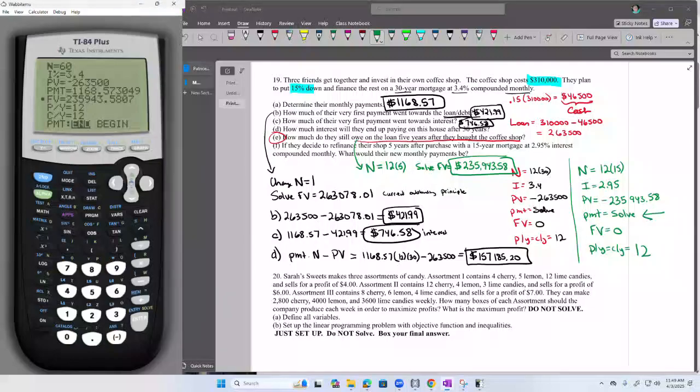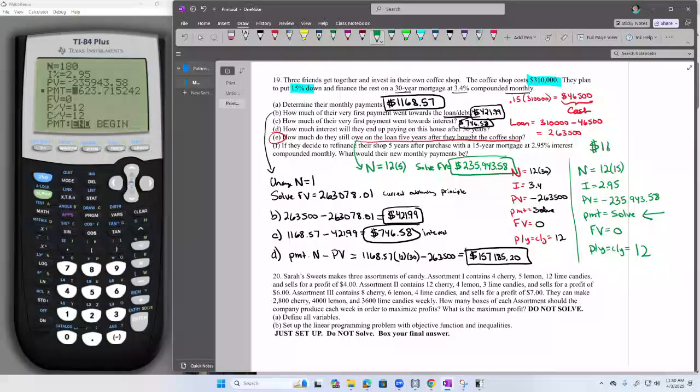So you want to put this in your calculator, and we get 12 times 15, 2.95, negative 235,943.58, and solve for payment. And so their new payment would be $1,623.72.